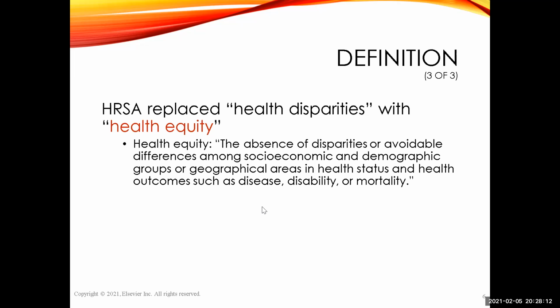Right now they are at a higher incidence of not only getting COVID, but dying from COVID, right? And so then you have to ask two questions: why are they getting it, and why are they dying from it?